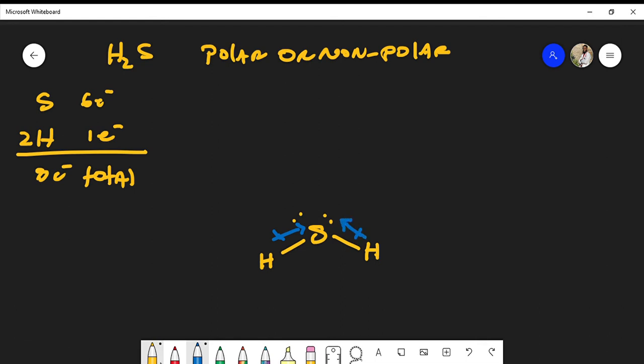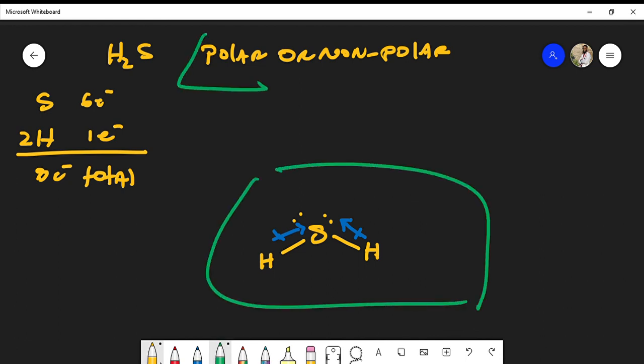The hydrogen is partially losing electrons. Now, what we actually see here is that the dipoles are not going tail to tail, so there's no canceling out of dipole here, and so in fact this molecule is actually polar. And it's because of the lone pairs on the central atom. Alright, so hydrogen sulfide is actually a polar molecule.